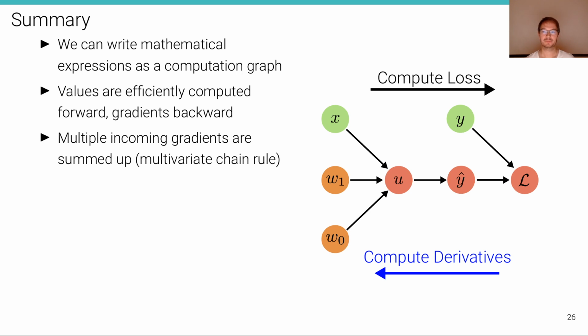Right, so this is the forward direction, and this is the backward direction. What we've also seen is that multiple incoming gradients are summed up in the backward pass. If we have this head-to-head relation in the backward pass, it's not happening here, but it was happening in this case before.